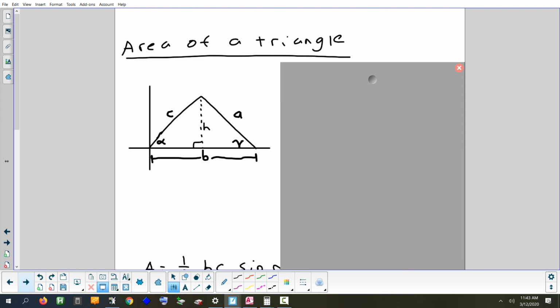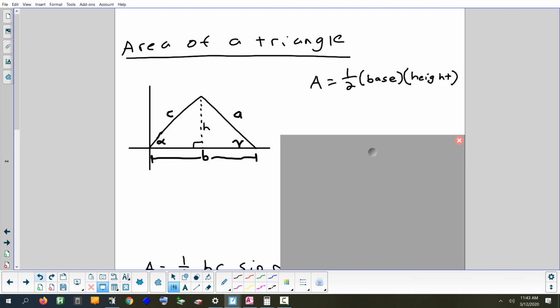Let's take a look at this triangle. I actually have more labeled in this picture than I need at the moment. What's the formula for area of a triangle that you learn in geometry? Yep, 1/2 the base times the height.